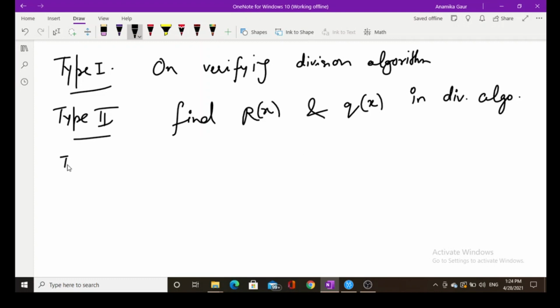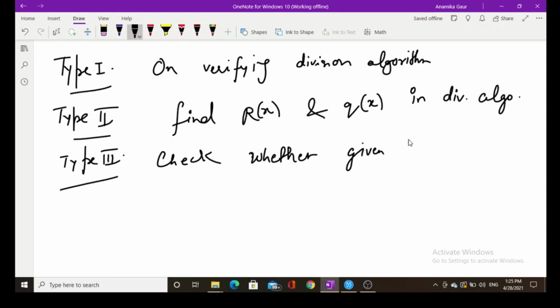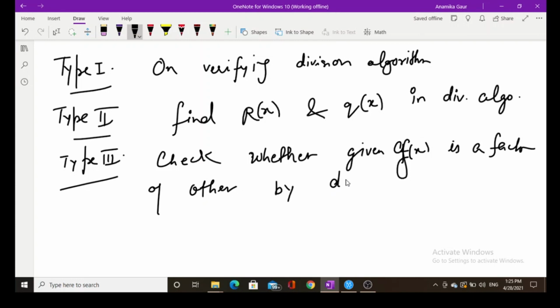Type 3, we need to check whether the given polynomial is a factor of another by applying the division algorithm.